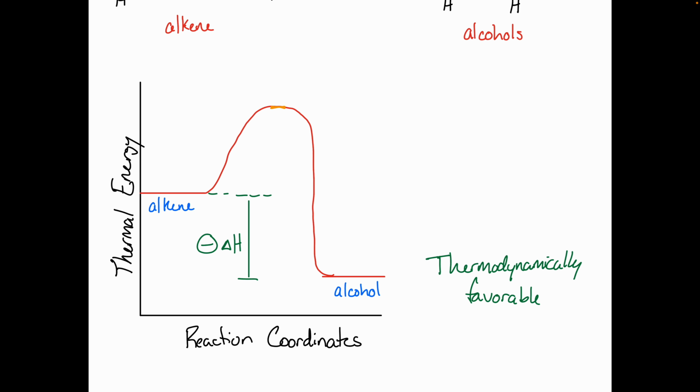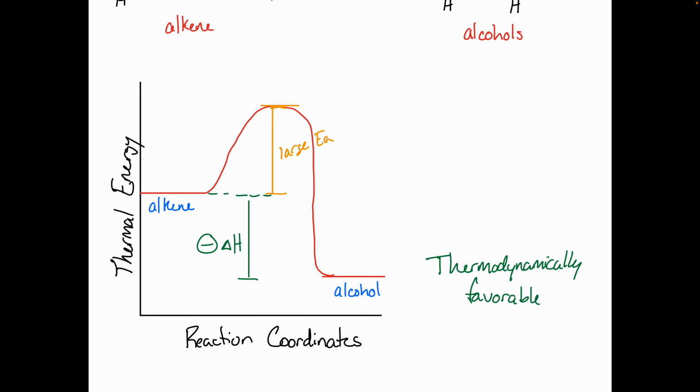All right, but just like our hydrogenation reactions, it has this very large activation energy here. And what does that mean if it has a large activation energy? So the middle of our graph here corresponds to kinetics, how fast the reaction occurs. And if it has a large barrier, does that mean it occurs fast or slow? Slow.